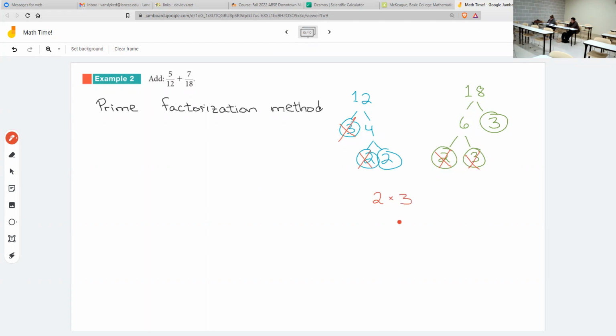And that's all that both trees shared, because the green tree doesn't have a second 2. And the blue tree doesn't have a second 3. So now I move on to part 2 of this. I've done the shared ones. Now I'm going to write the ones that only one tree has. And when I'm all done with that, I get my common denominator.